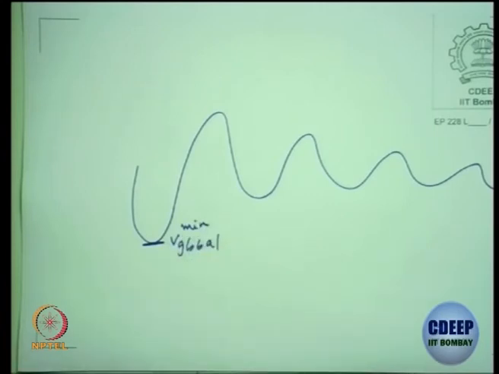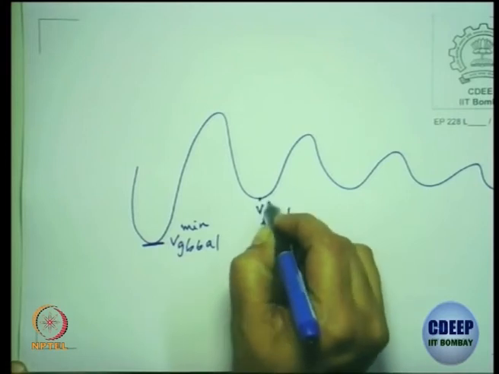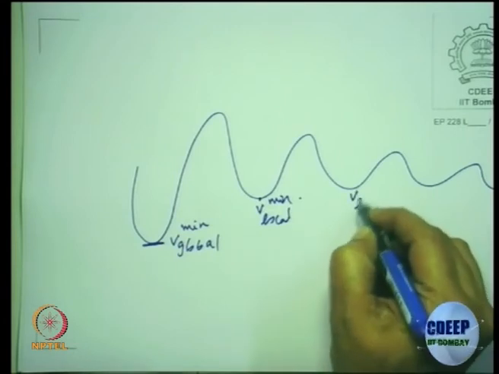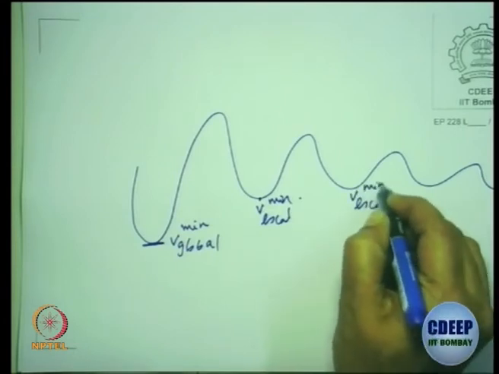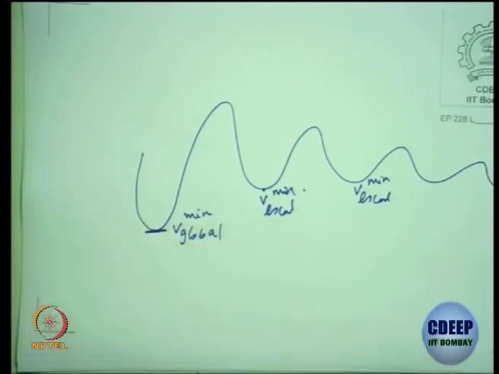These are V local minima; they are all local minima, not global. This is the global minimum. Suppose this is the whole range of the region I am taking. The lowest potential energy will give you the global minimum.